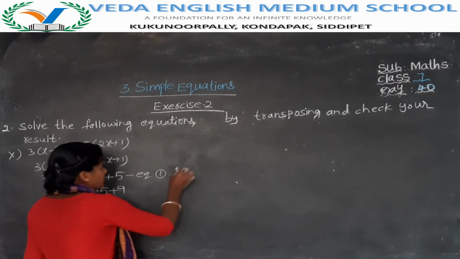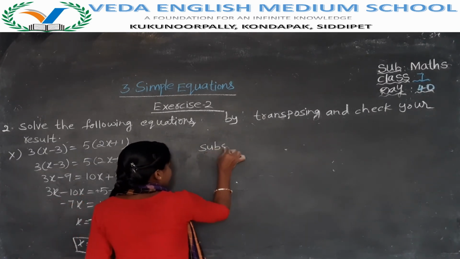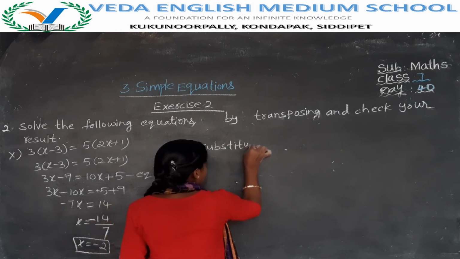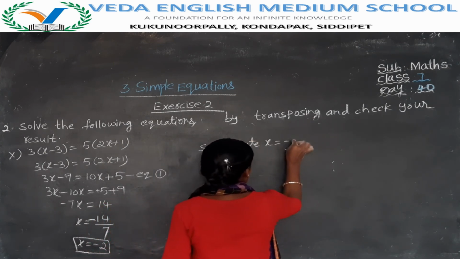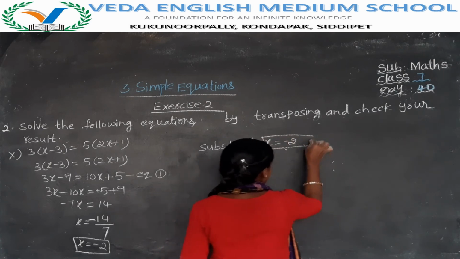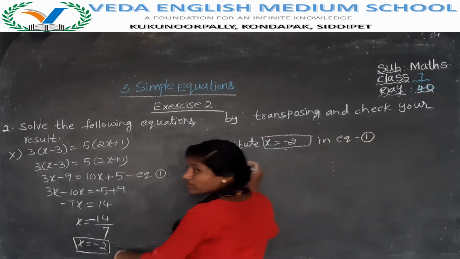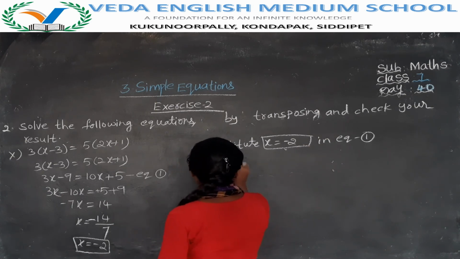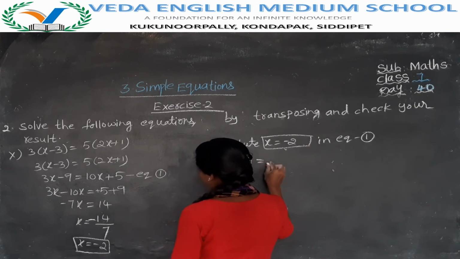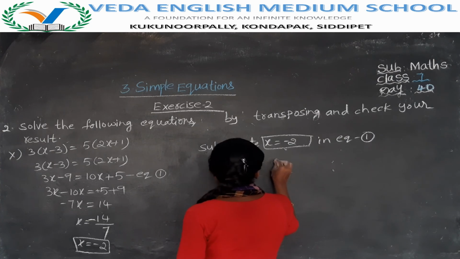Now substitute x is equal to minus 2 in equation 1. What is equation 1? 3x minus 9 is equal to 10x plus 5.